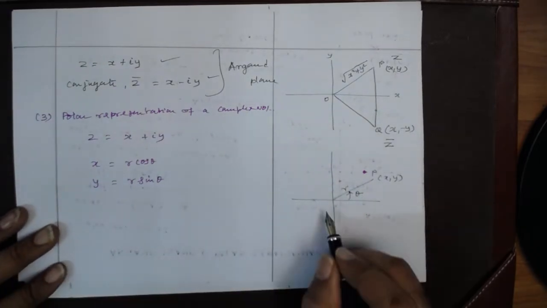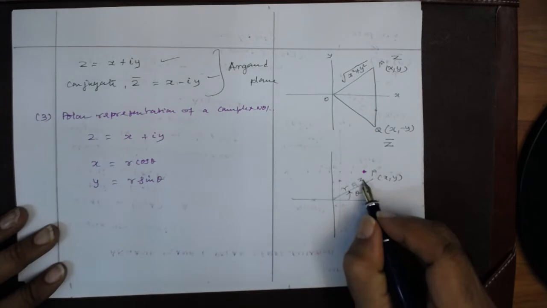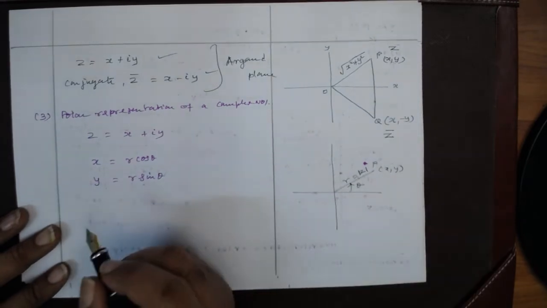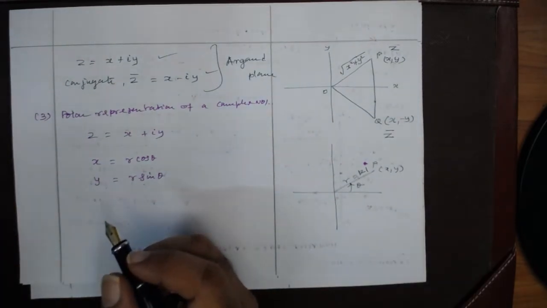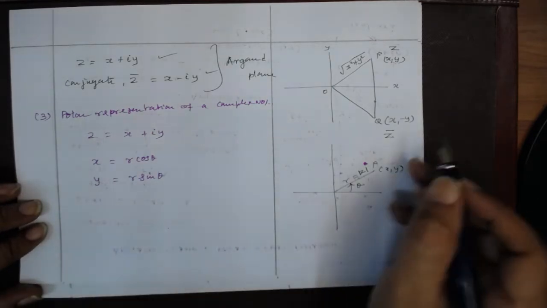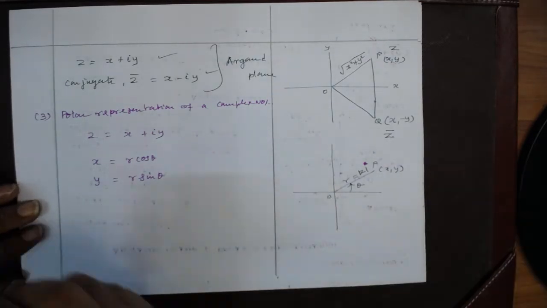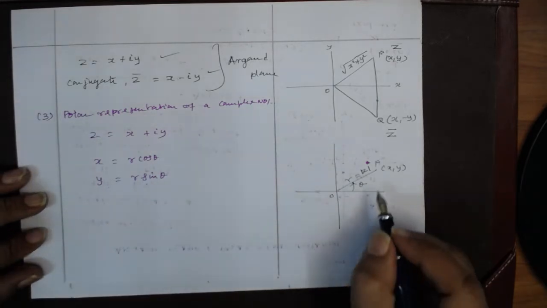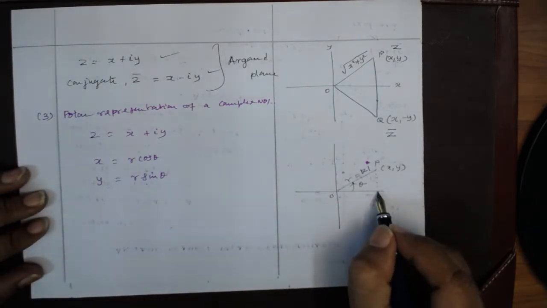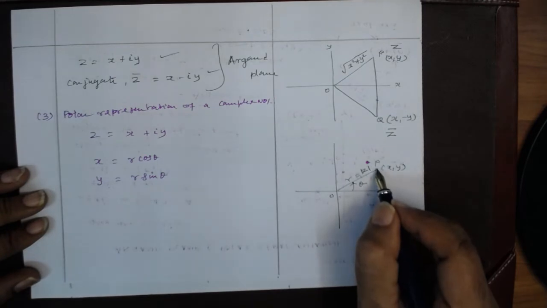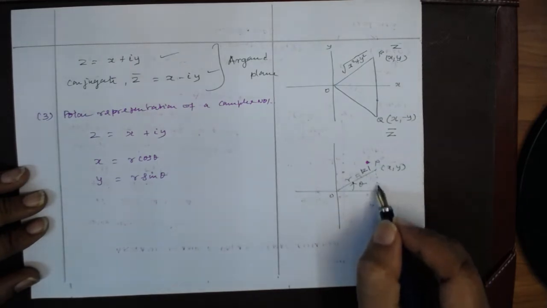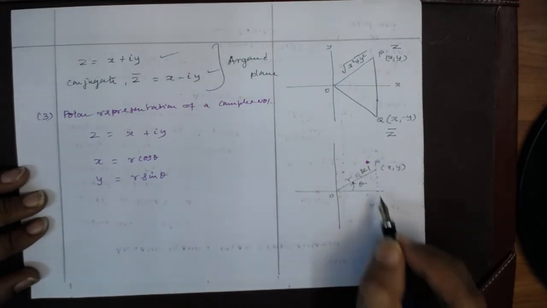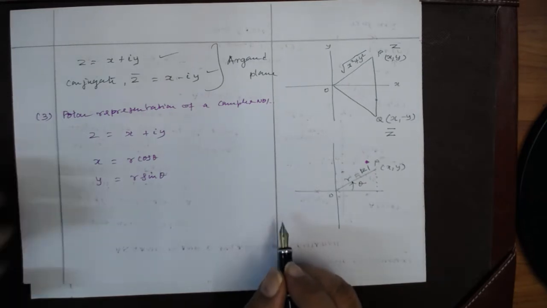This is r, which is nothing but the modulus of the complex number, is it not? That is represented as the square root of x squared plus y squared, which is nothing but the distance OP. Right? So now, this is the y-axis, this is the x-axis. Are you able to follow?